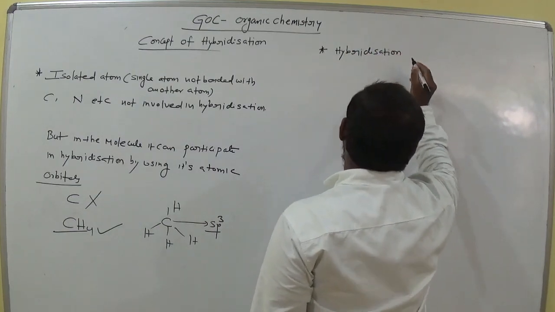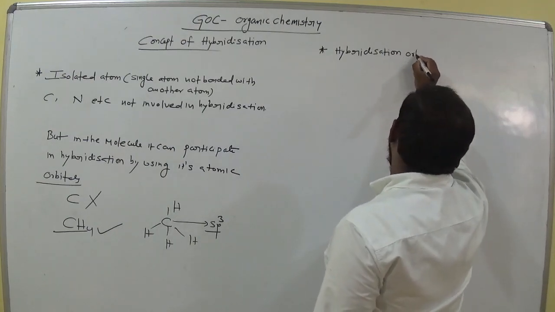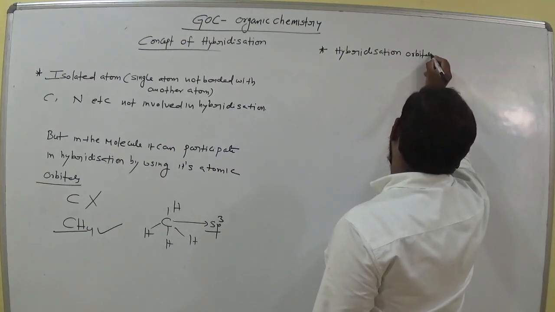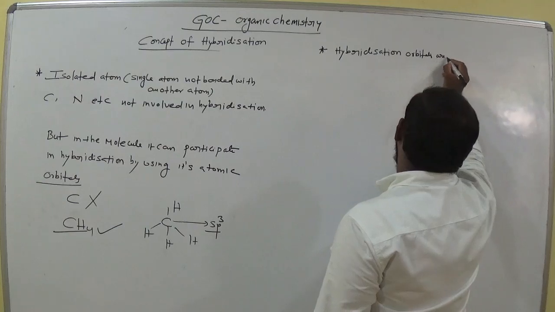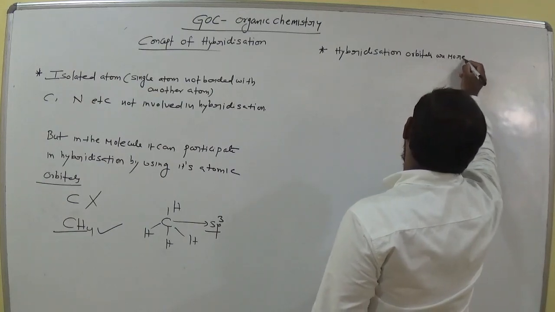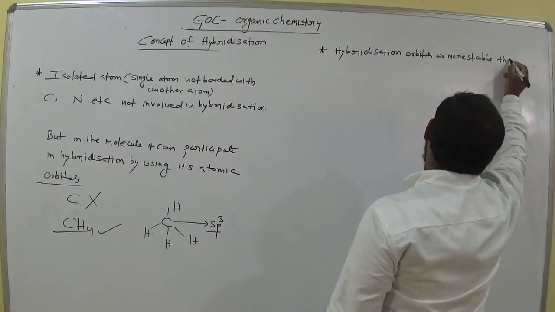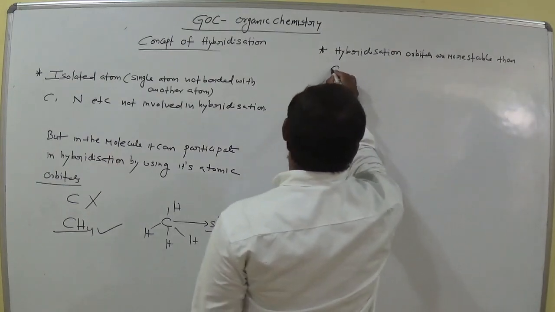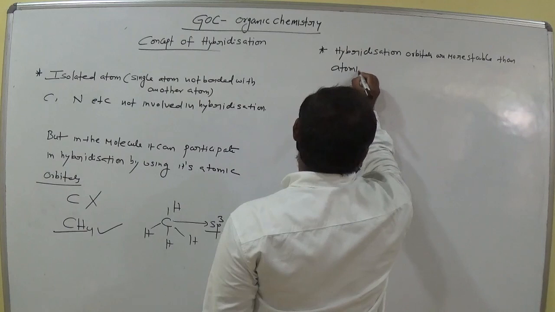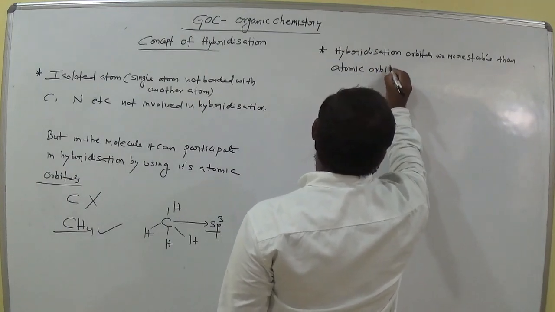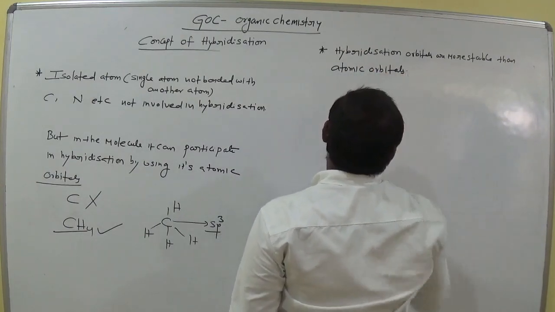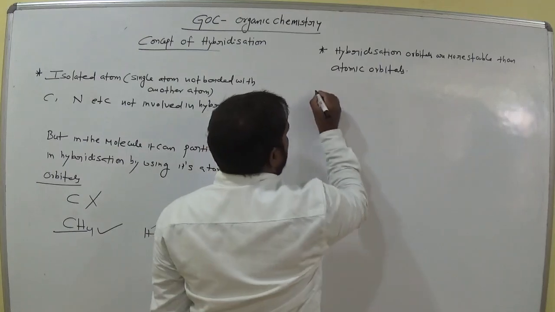Hybrid orbitals are more stable than atomic orbitals. Due to hybridization, stability increases.